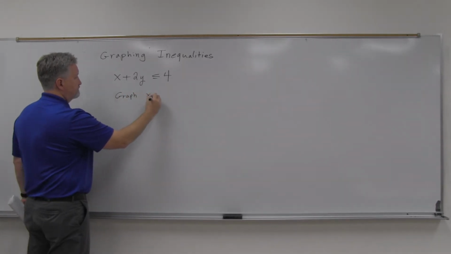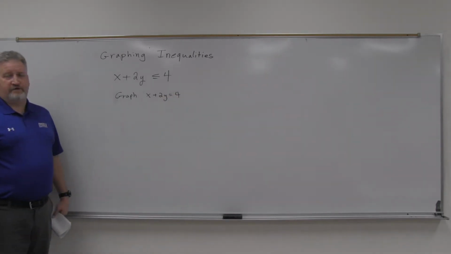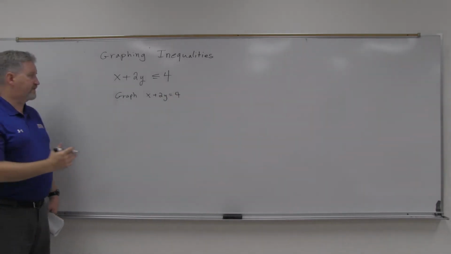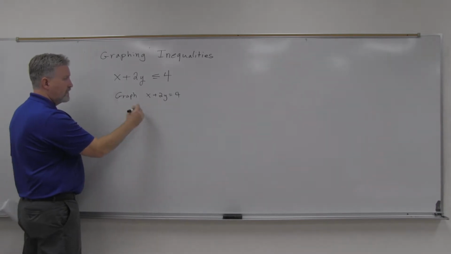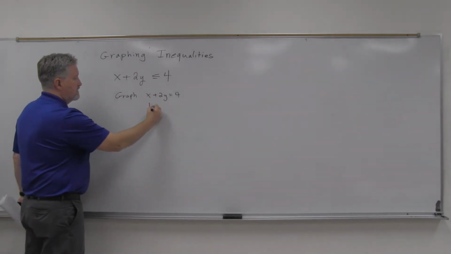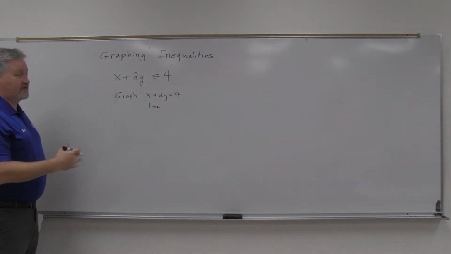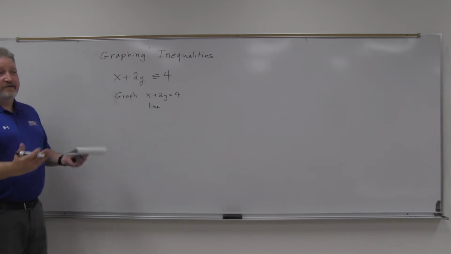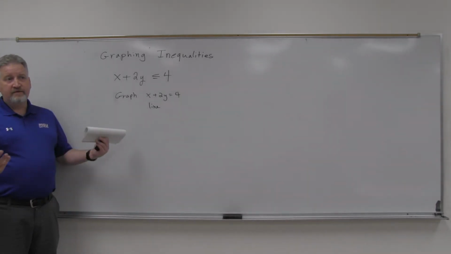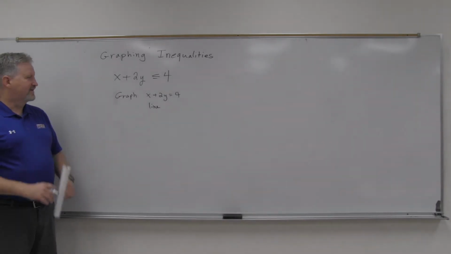whatever that may be. In this case, we got x plus 2y equals 4, so I graph that first. And that, in this case, is just a line, right? The other one we'll do, besides the line, will be a parabola, but it could be any sort of shape, but we'll narrow it down to lines and parabolas for our work.